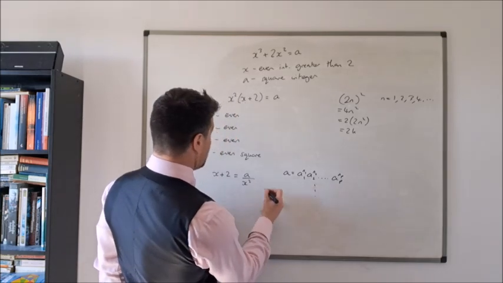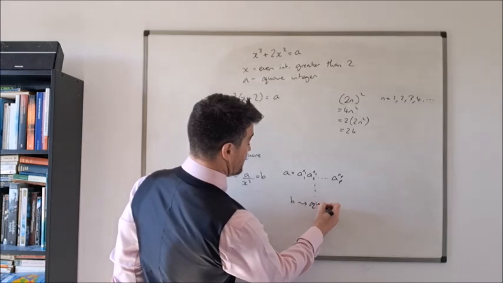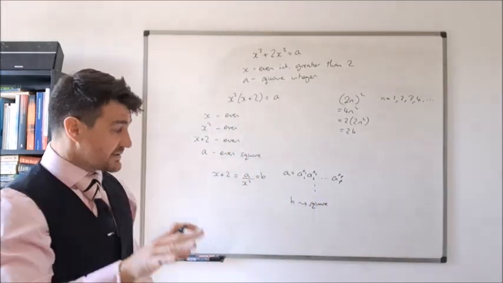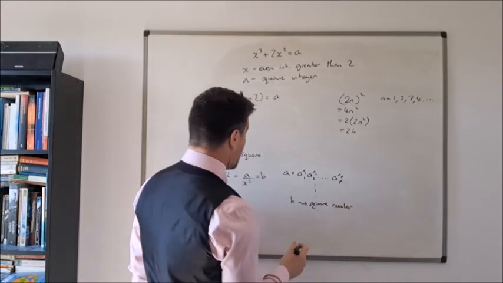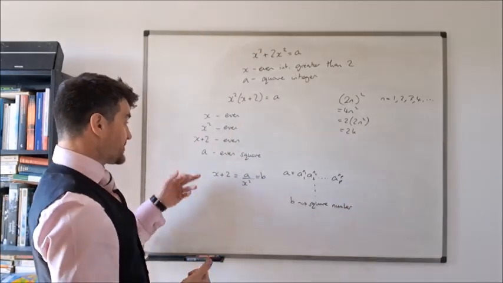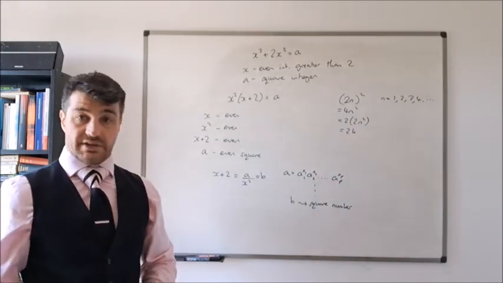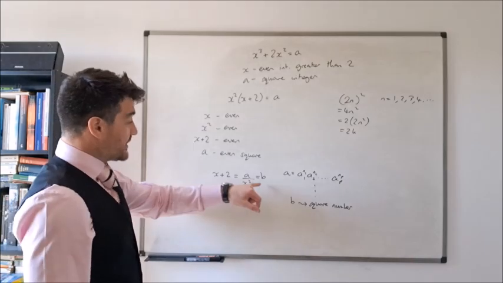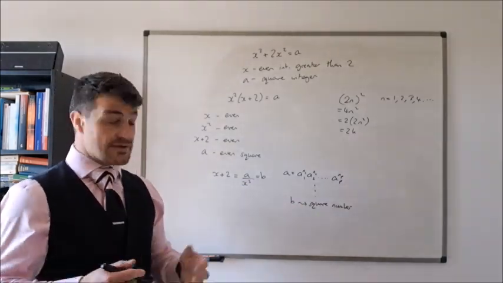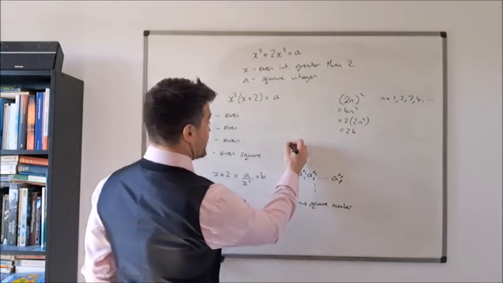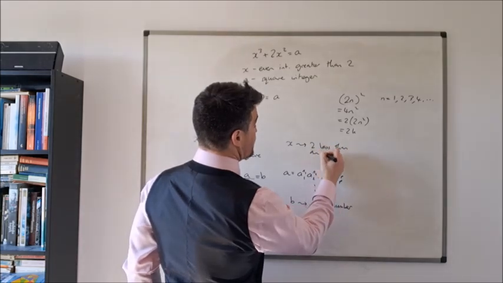And what I get is that if this is equal to b, b is going to be a square number. So I'm not going to go through all the details. It's exactly the same as what I did in the previous part. So b is a square number. And if b is equal to x plus 2, an even integer, then b must also be an even integer. Which also means that because b is an even square number, x plus 2 must be an even square number. And so x must be 2 less than an even square.